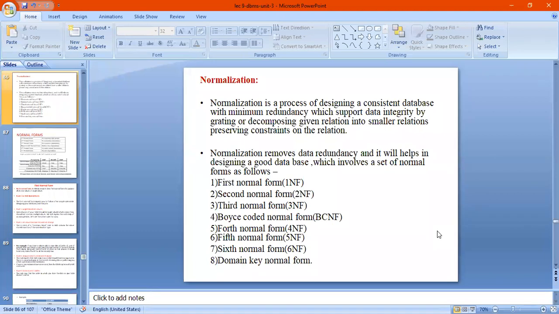Our syllabus covers first, second, third, BCNF, fourth and fifth. I'll give you a brief idea of the others in future classes.